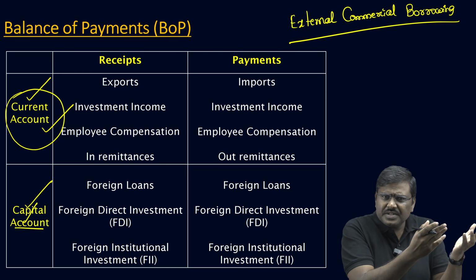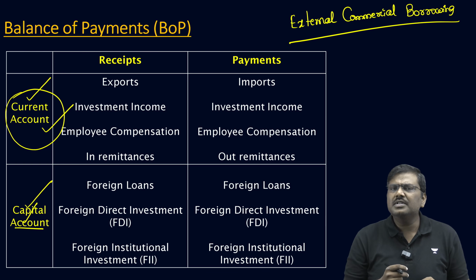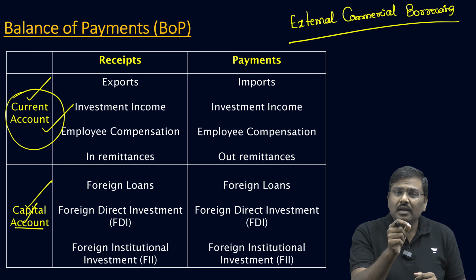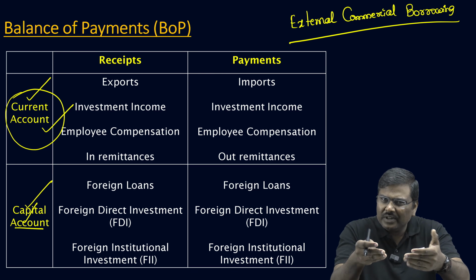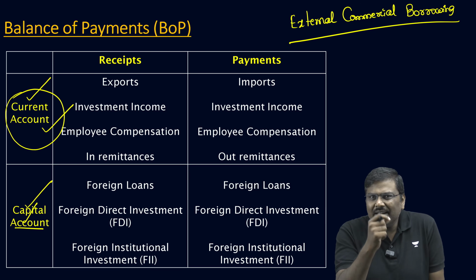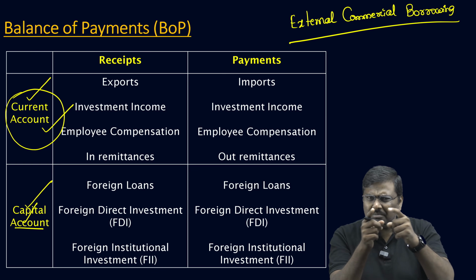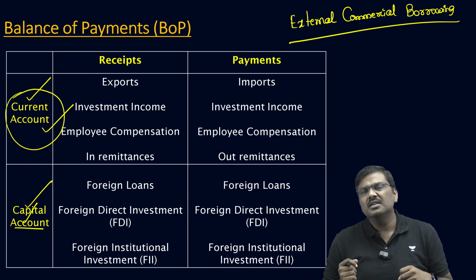What if a foreign investor brings money and invests in India? There are two types of investments: foreign direct investment and foreign portfolio investment. The FII terminology that I have written is associated with FPI itself. In foreign direct investment, a foreign company brings money into India and creates physical assets.